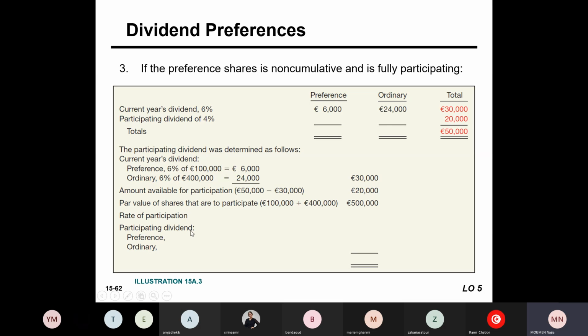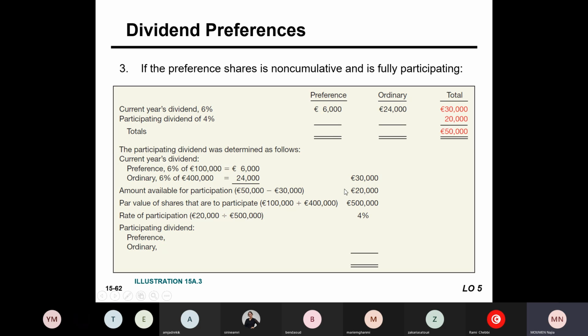So we should first of all measure the par value of the shares that are to participate, meaning the total par value of the preference and the ordinary, okay? So it is 500, and we just need to divide the amount over the par value, and that's how we get the 4%. So what is left, the amount for participation, over the total par value, meaning of those that have the right to receive dividends, in terms of shares outstanding for preference and ordinary shares.